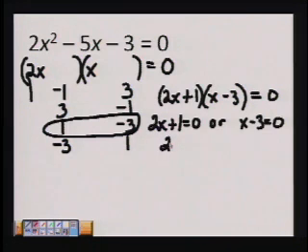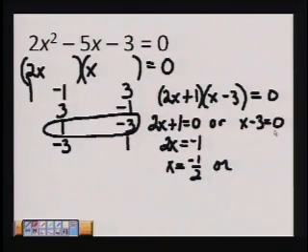Subtracting 1 from both sides, we get 2x equals negative 1. Dividing by 2, we get x equals negative 1/2. On this side, all we have to do is add 3, and we get x equals 3. Again, remember to check your solutions.